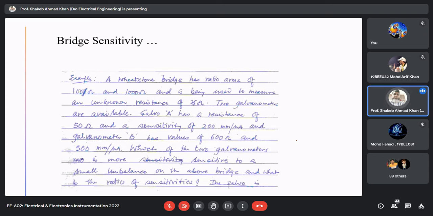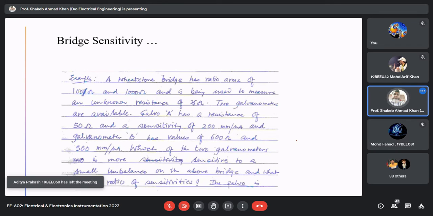Then they are saying that they have two galvanometers having two different sensitivities, right? This is a current sensitive bridge, so the galvanometer is current sensitive, and you are given the current sensitivity SI. So you are asking which galvanometer you should use in this bridge so that your bridge sensitivity is high.